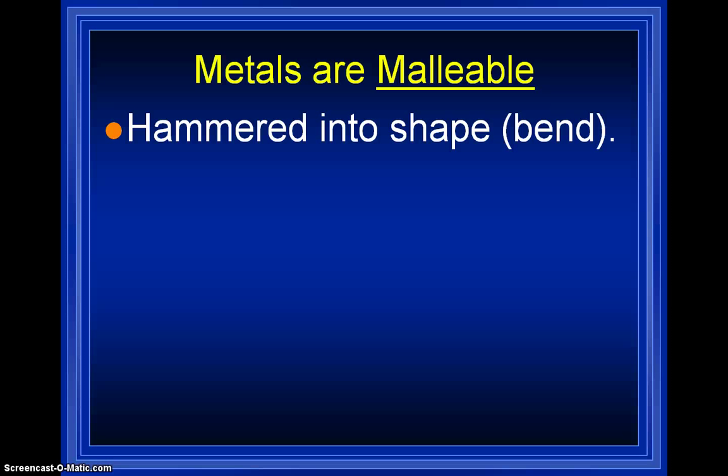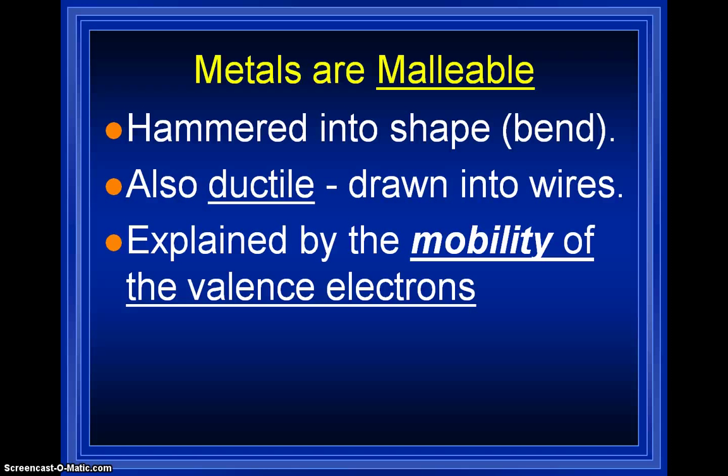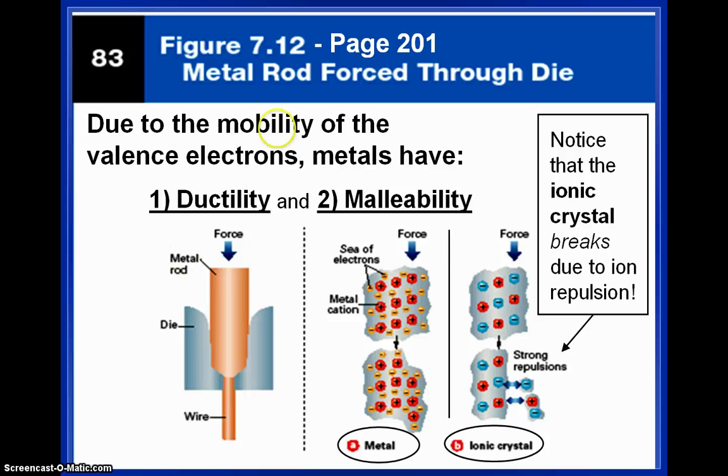Now, remember that metals are malleable, which means they can be hammered into a shape, or they're bendable. And they're also ductile, which means they can be pulled into wires. This is because of the mobility of the valence electrons. Okay, and we'll look at some images here. So here we see ductility. This is a die. If you take metals, you may have learned about this.